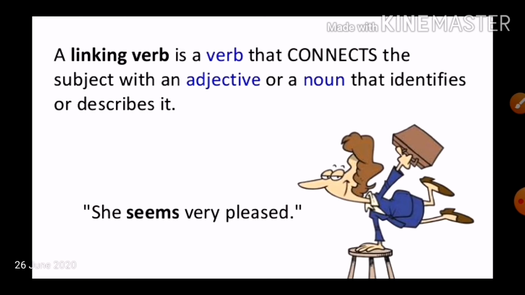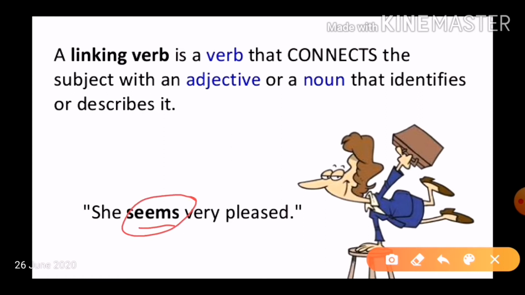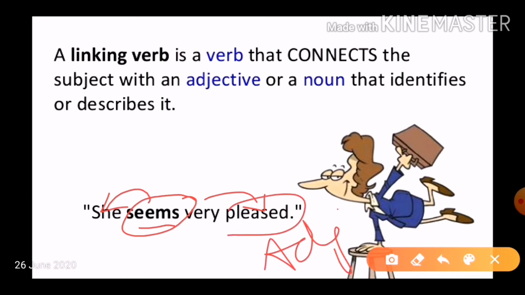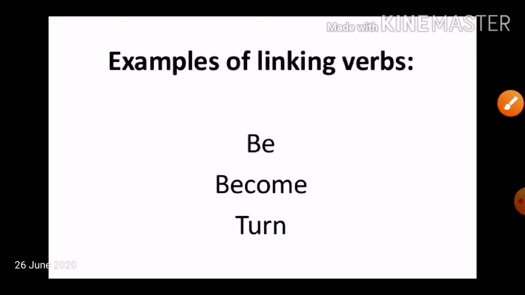For example, she seems very pleased. तो जो seems है ये कनेक्ट कर रहा है हमें pleased से with the subject. सब्जेक्ट और प्लीज्ड को आपस में कनेक्ट कर रहा है ये वर्ड, तो इसको हम लिंकिंग वर्ब कहते हैं. यहाँ पे adjective है, pleased जो है ये adjective है, so it is a linking verb.